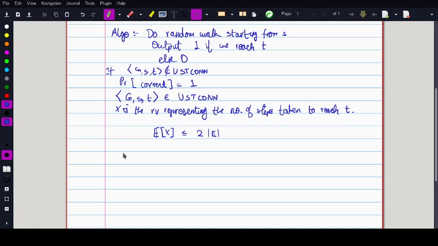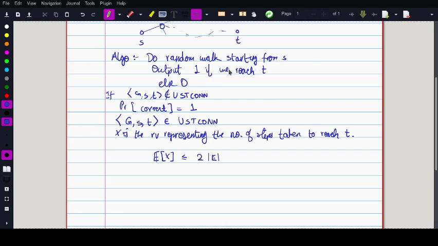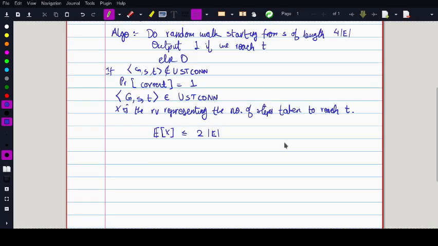So now we do a random walk starting from S of length, let's say, 4 times mod E. In this case, what will we have?